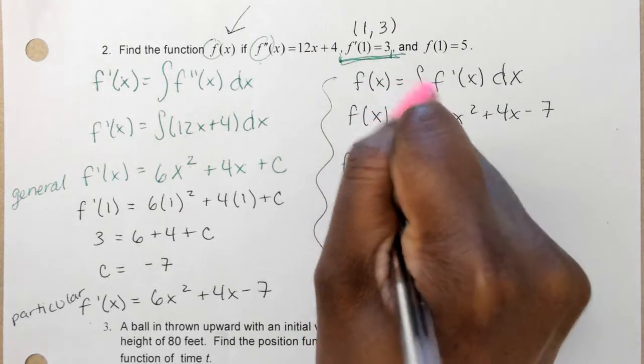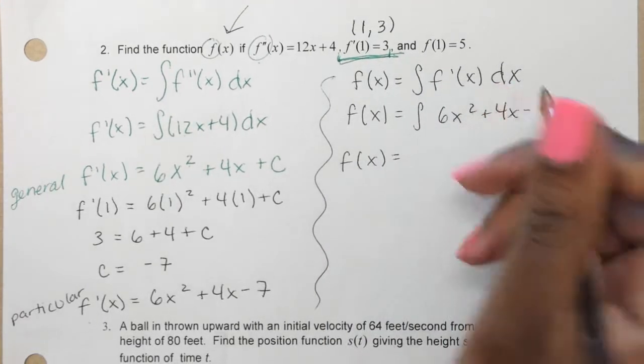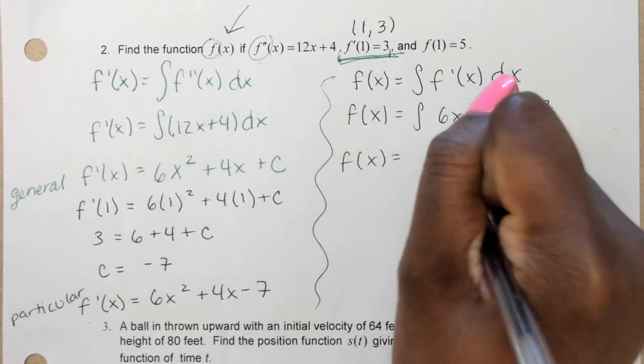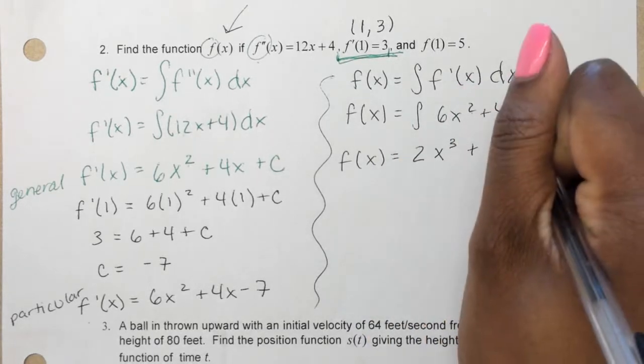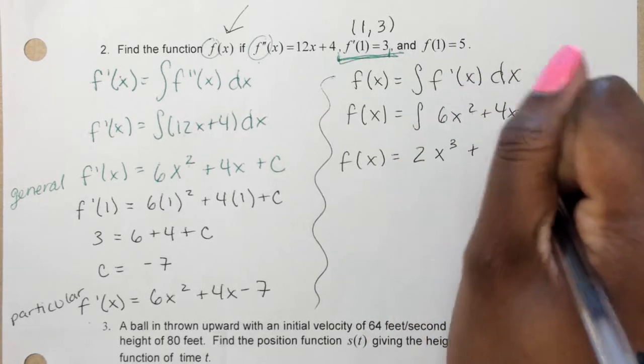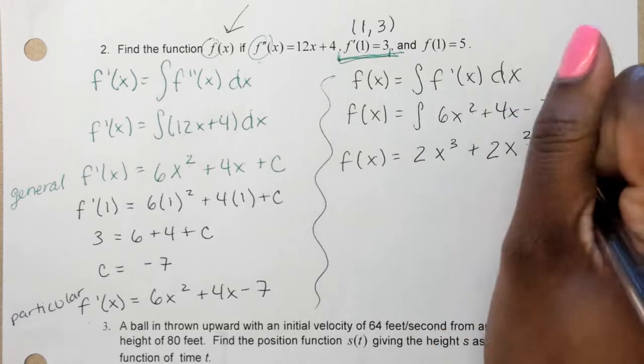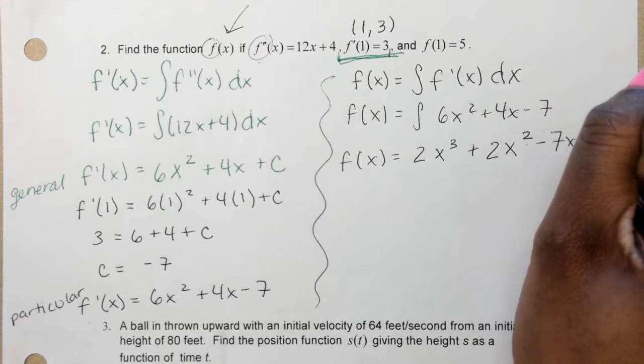So f of x is equal to, add 1 to the exponents, we have x cubed, 6 divided by 3 is 2, plus add 1 to the exponent, so x squared, 4 divided by 2 is 2, and then -7x plus c.